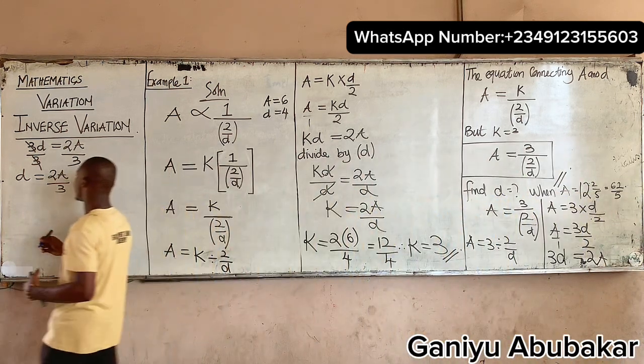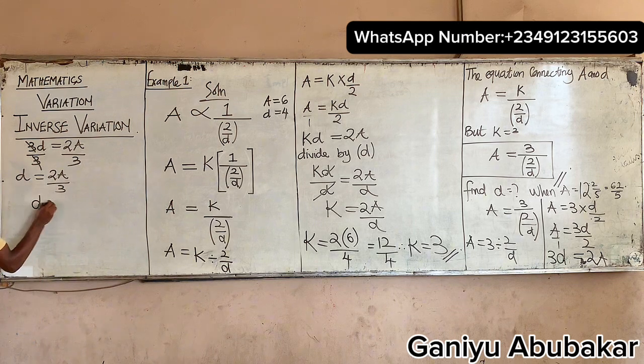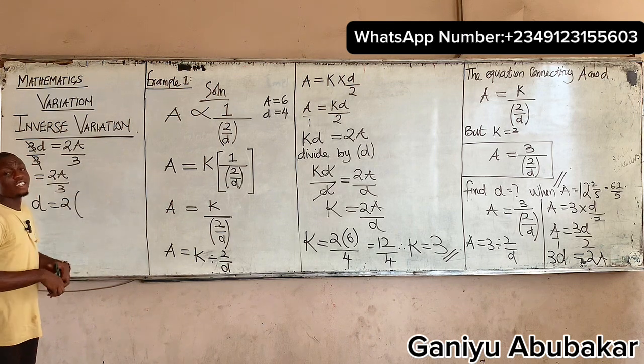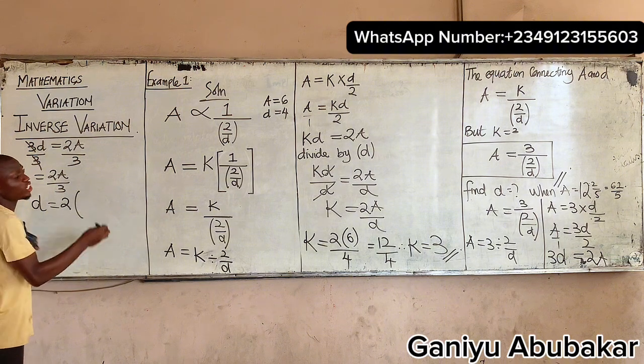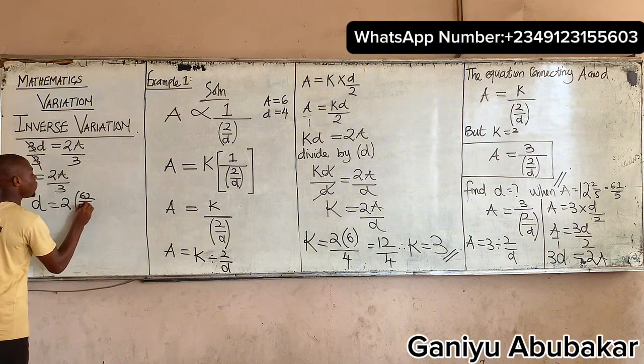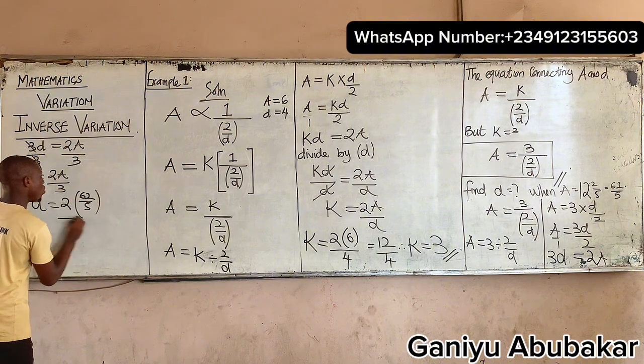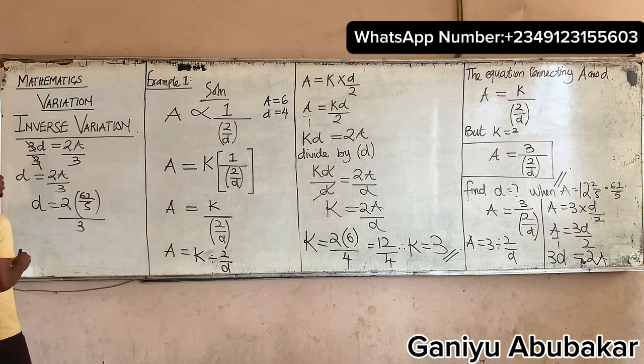So d is equal to 2 into a. Instead of writing the mixed fraction, write the improper fraction, that's 62 over 5 as a, all over 3.